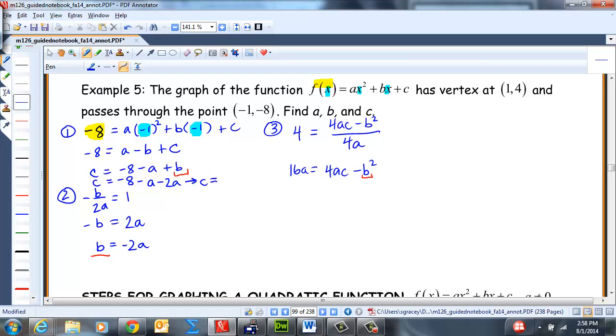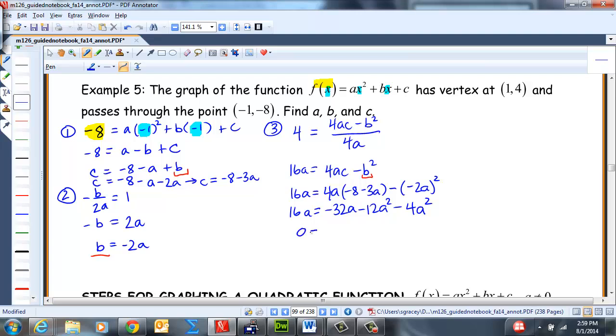So c is going to be -8 minus 3a. So now we can write this equation in terms of a alone and solve. So we'll have 4a times negative 8 minus 3a, and then minus b squared. So b was negative 2a, and we're going to square that. So we'll get 16a is negative 32a minus 12a squared minus 4a squared.